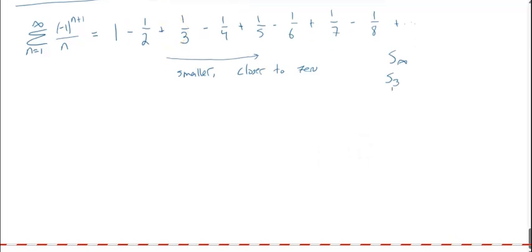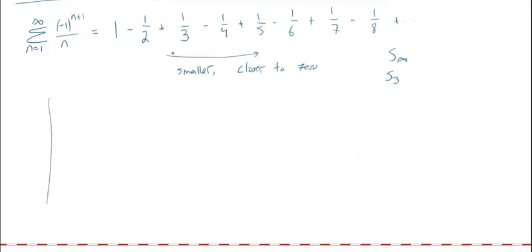So what I'm going to do is create a little graph that looks like this. I'm going to put 1 up here and 0.5 there. And then I'm going to go 1, 2, 3, 4, 5, 6, 7, 8. Like that.